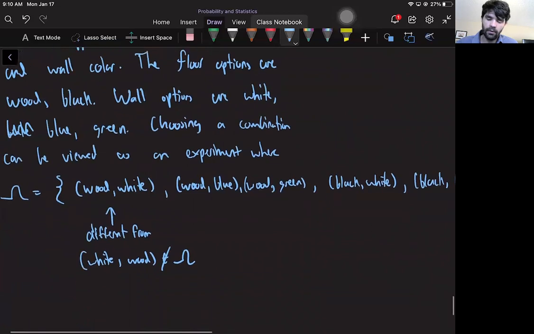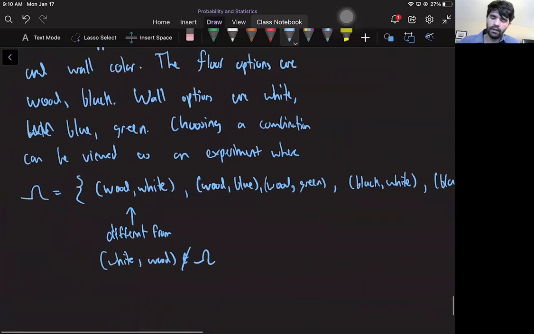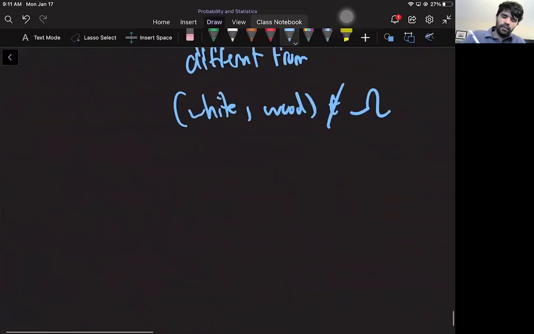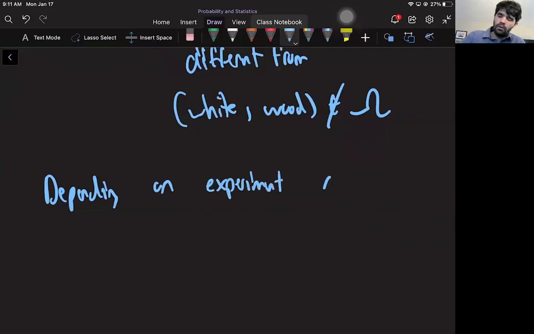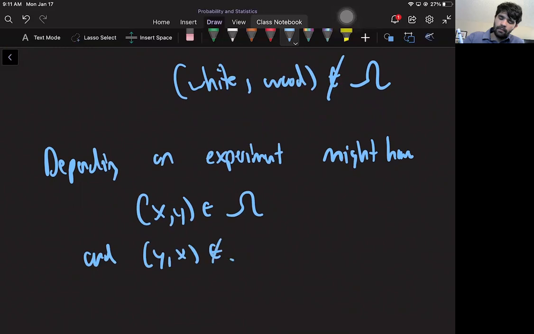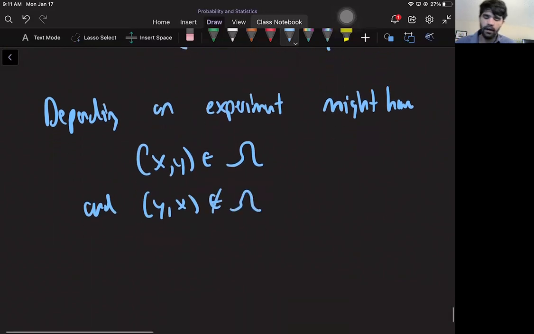So you do have to be careful about order depending on the experiment. So depending on experiment, you might have that x comma y is in omega, but y comma x is not. So you do have to be careful. Okay.